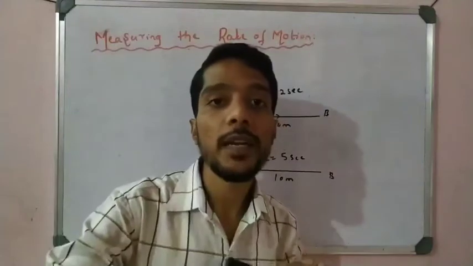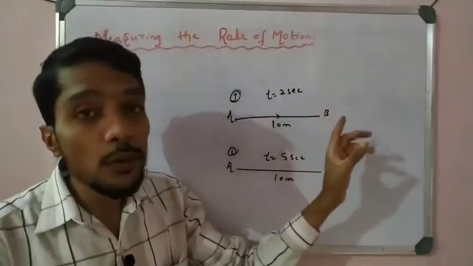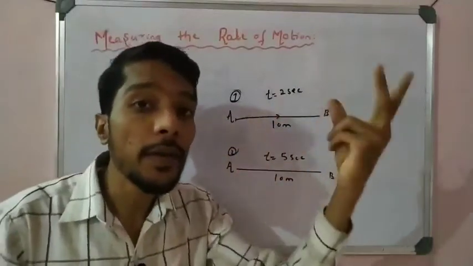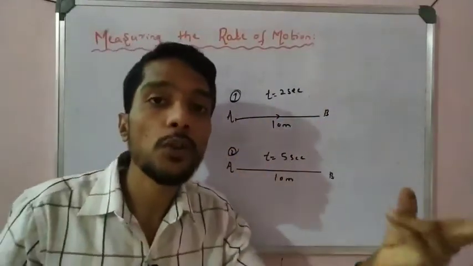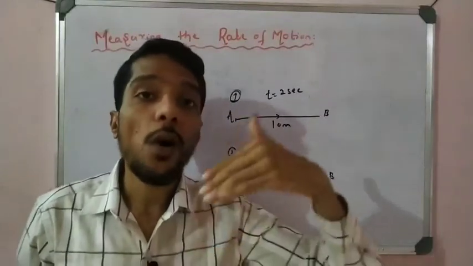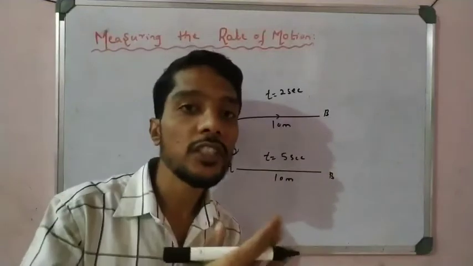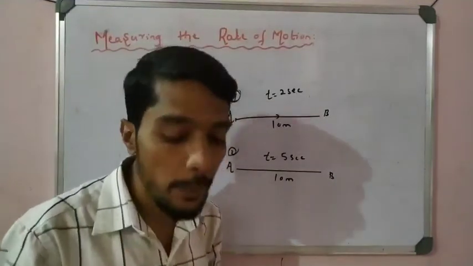At what speed is the particle changing its position? Particle 1 changed its position by 10 meters in only 2 seconds, particle 2 changed its position by 10 meters in 5 seconds. So at what rate the particle changes position is also very important, students.